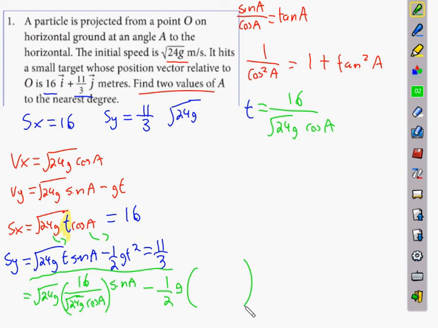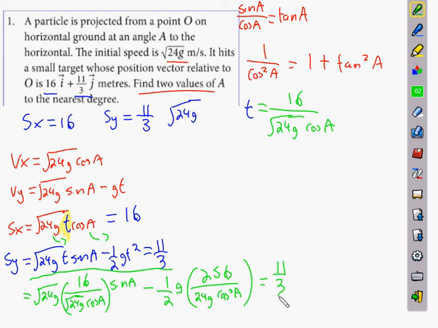I can never remember that. 256, and then over root 24G, all in a square root, plus 24G and cos squared A, and all of this equals, what's this all equal? 11 over 3.